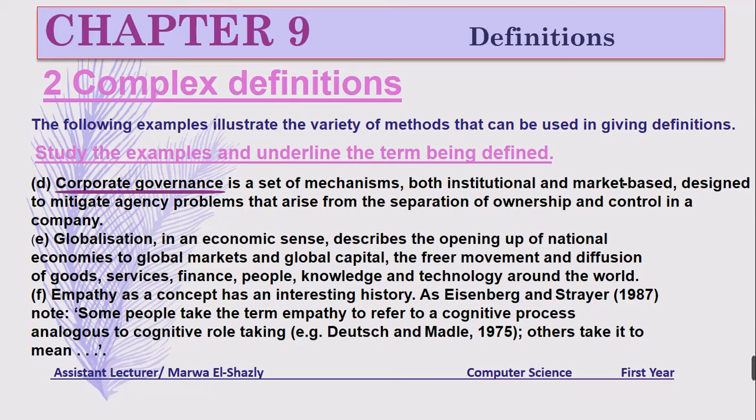So here, globalization means economic sense في ضوء الاقتصادي يعني opening up انفتاح okay of national economies to ايه بقى to global markets الماركتس العالمية والكابيتال أو رأس المال العالمي وبيتضمن كمان freer movement وdiffusion أو انتشار للجودز والسيرفيسز والفاينانس الأموال والبيبل والنوليدج around the world. So ده بيصف globalization أو العولمة.